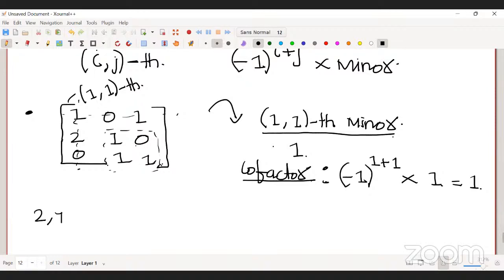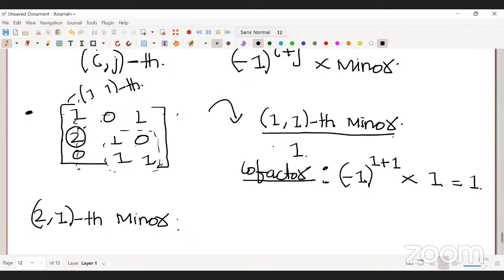What is the 2,1 minor? So this is the 2,1th entry, right? Yes, sir. So what I have to do?